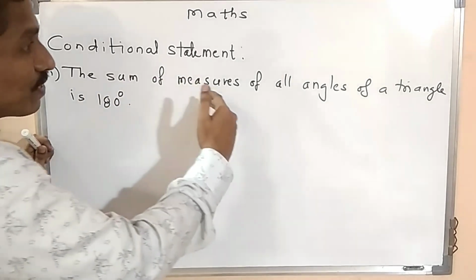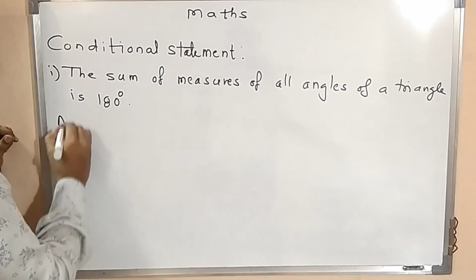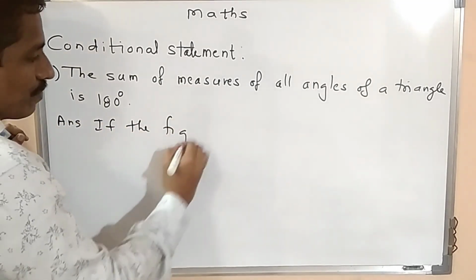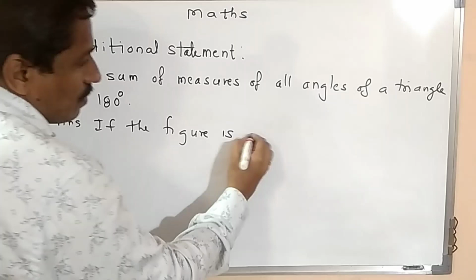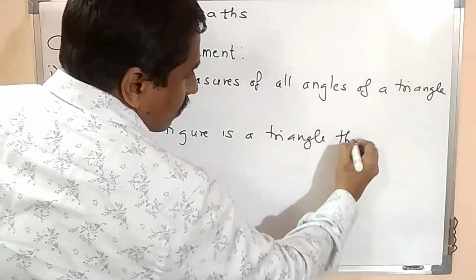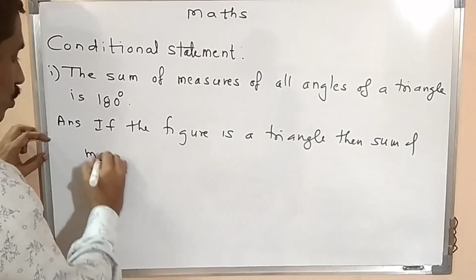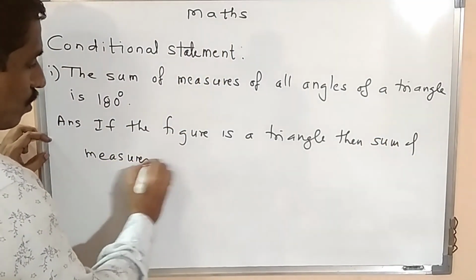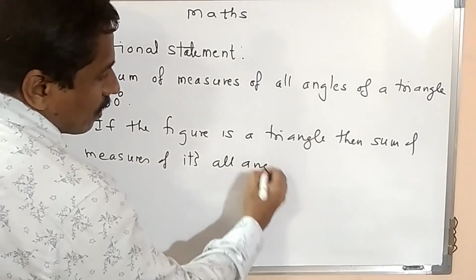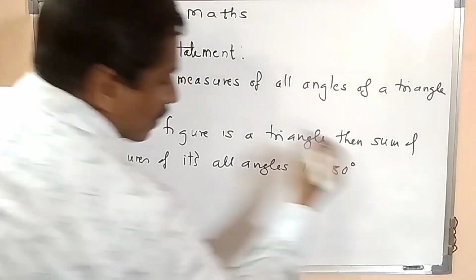If the figure is a triangle, then sum of measures of its all angles is 180 degree.